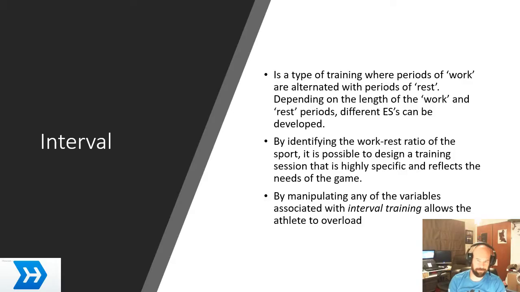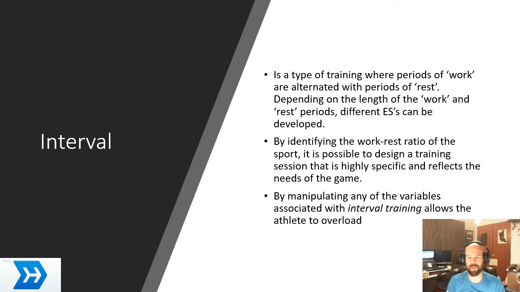Interval training. So to put it really, really basically, it's periods of work with periods of rest, and they alternate between the two. So you can train different energy systems depending on, like it says there, the length of the work and the length of the rest period. So the greater the rest period. So let's say you have a work to rest ratio of, I don't know, 1 to 10.